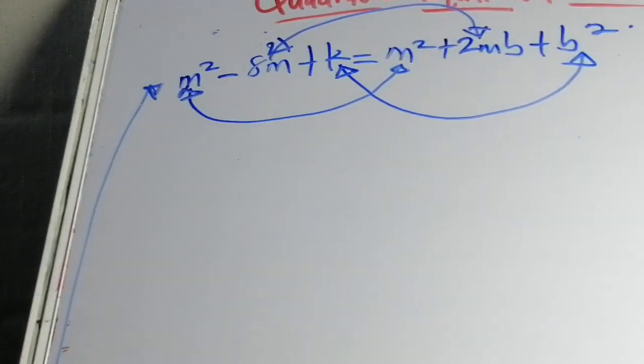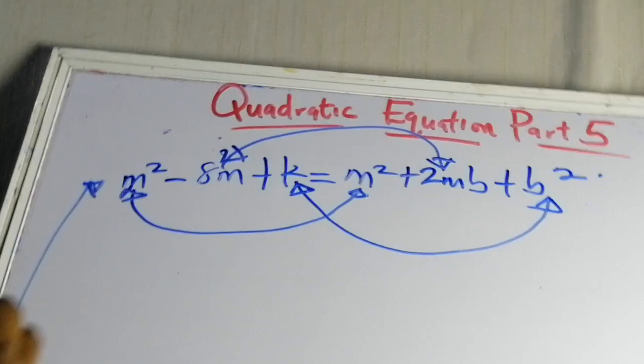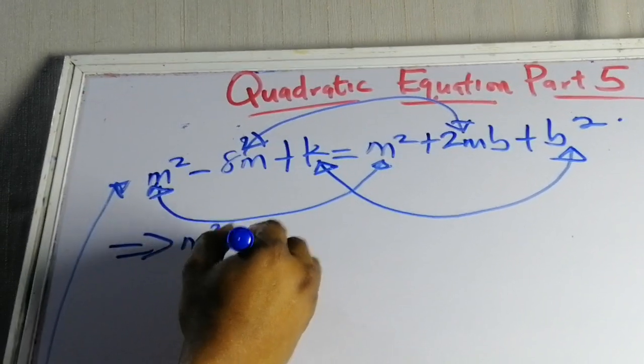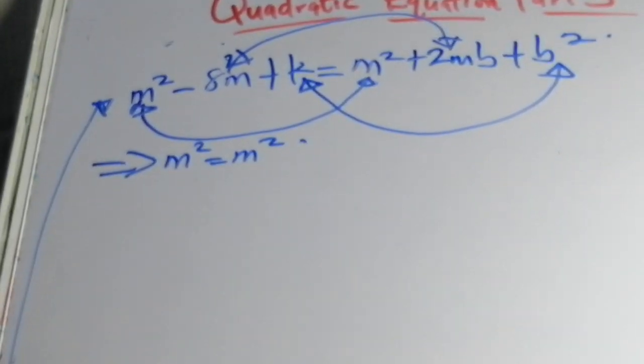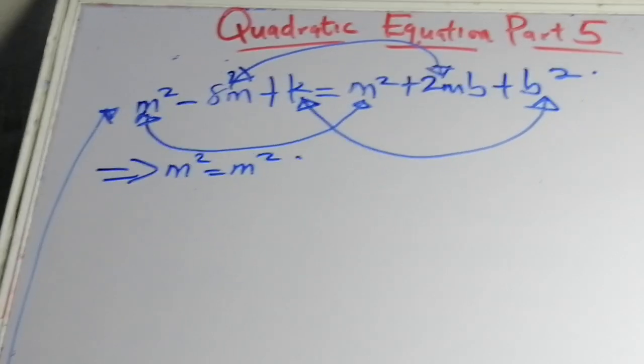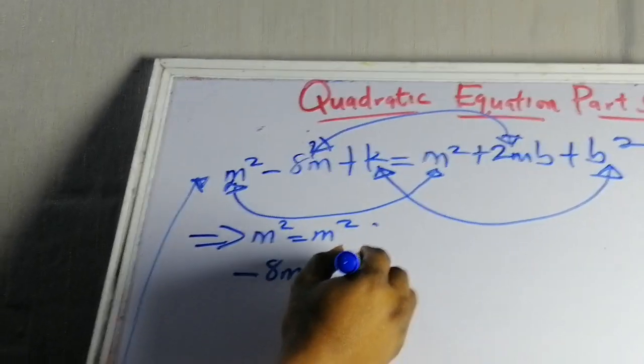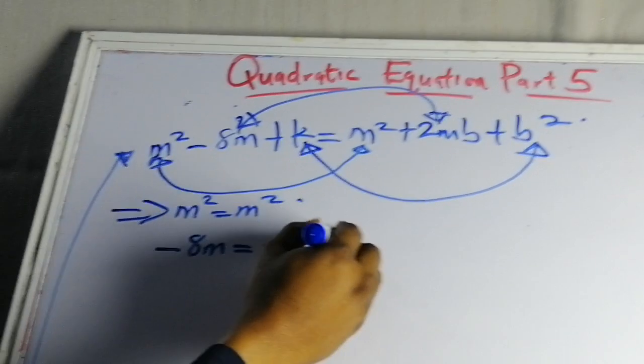I can compare them. So that implies that m squared equals what? M squared. That one will cancel each other. Then minus 8m equals plus 2mb.